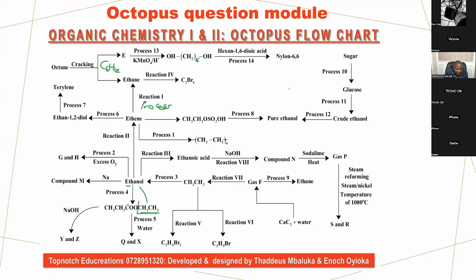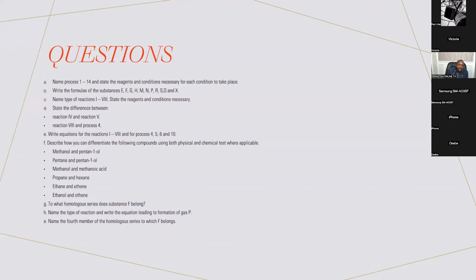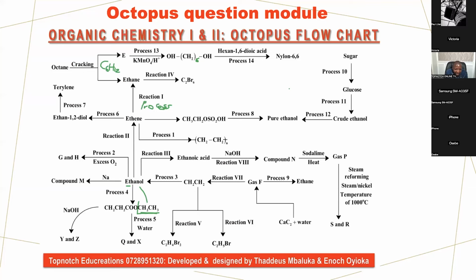So this one becomes Q and X. Then we have process 5, where we go the opposite of esterification, which is hydrolysis, and you get the corresponding products. Q and X will be what?